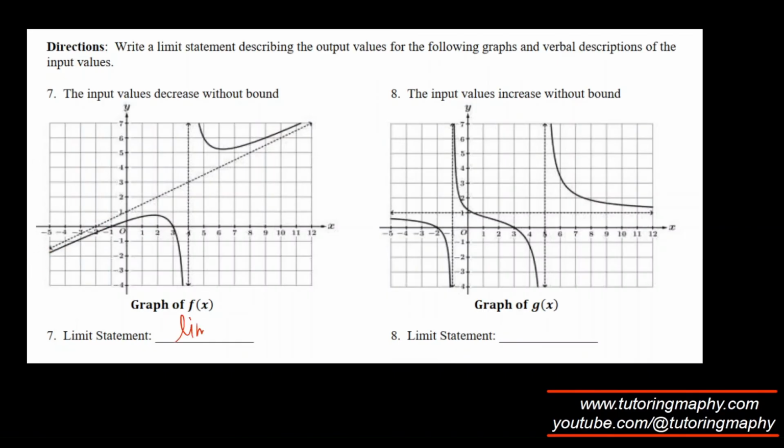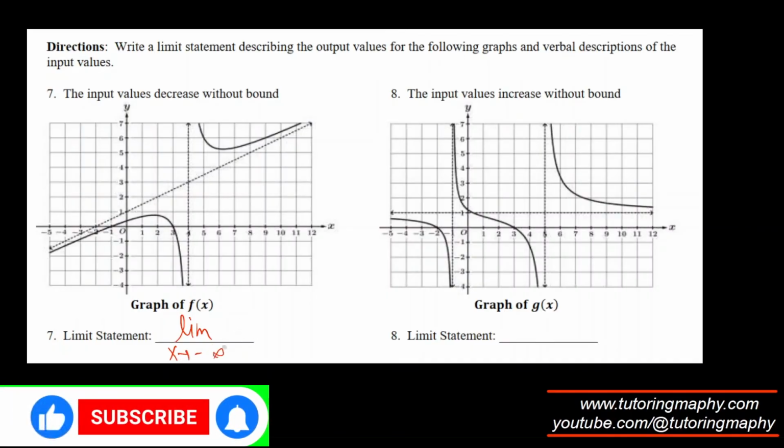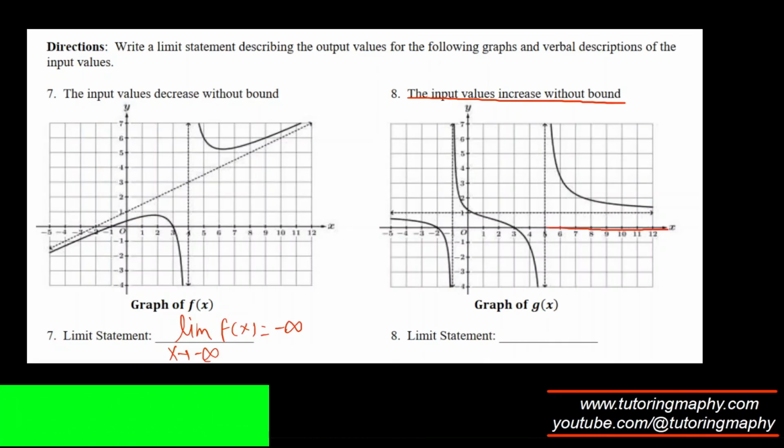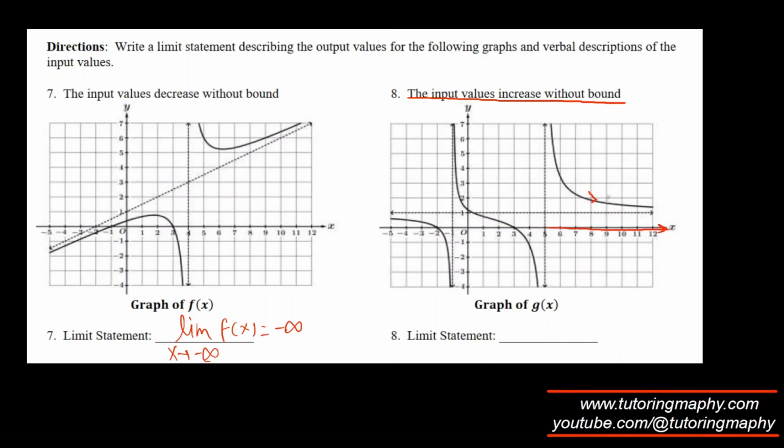So I'll say that the limit as x approaches negative infinity of f of x is negative infinity. And if the input value increases without bound, then the graph becomes flat over here, and it becomes 1. So I'll say that the limit as x approaches infinity of g of x is 1.